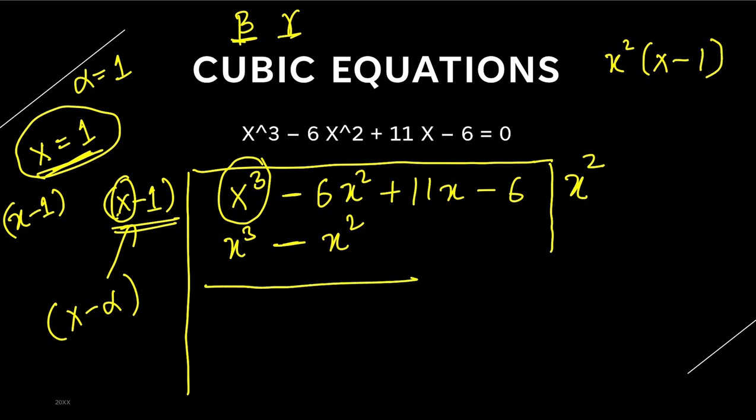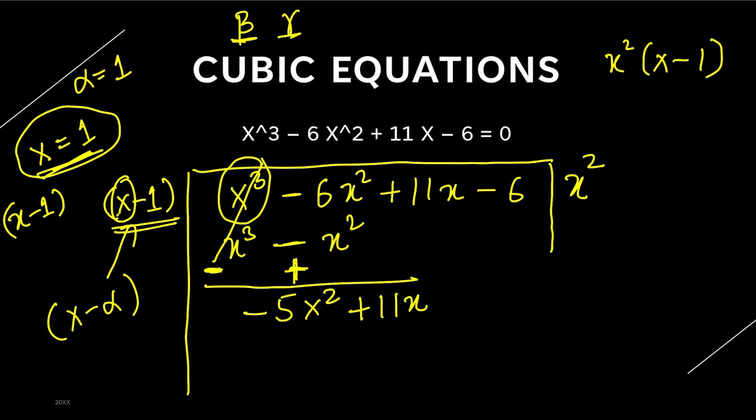Now subtract, changing the signs, this will get cancelled out. I will be left with minus 5x square plus 11x. How did we do it? We found x square, starting with x square into x is x cube minus x square. Then we did the subtraction, changing signs. Then we got minus 5x square plus 11x.